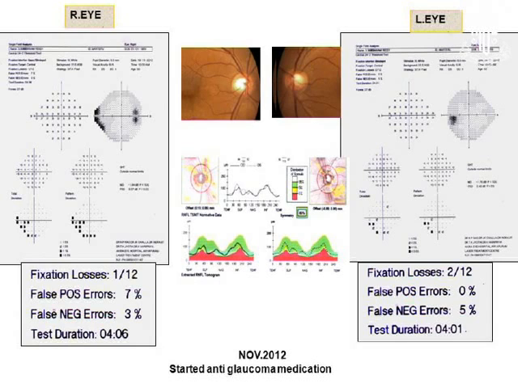I told you what is the normal range of reliability data. There is nothing like a normal range. When you are suspecting the patient, the most important thing is all the tests should be 100% perfect. The fixation losses, false positives, false negatives should be 100% perfect, and you have to always select Theta standard.